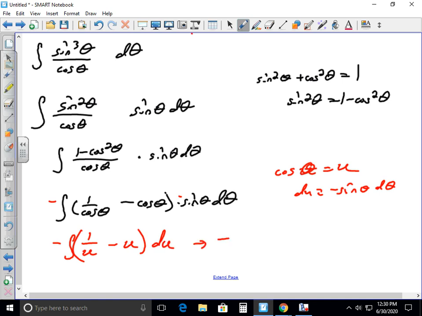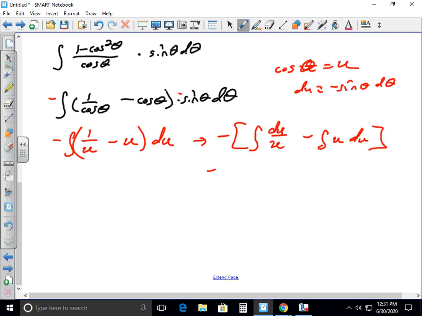Or we could call that the integral of 1 over u du, also known as du over u, minus the integral of u du. So du over u is natural log absolute value of u.